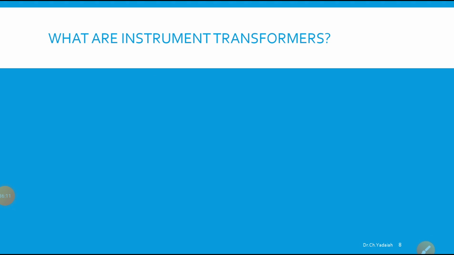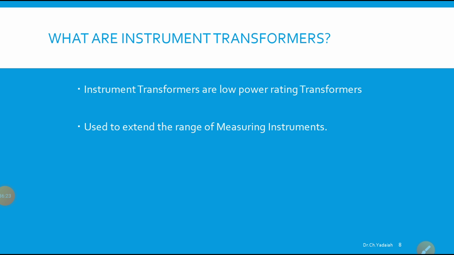what are instrument transformers? Now, we have seen. Instrument transformers are low power rating transformers. It is used to extend the range of measuring instruments, and not only measuring instruments, but the measured value is also given to our protective equipment, the protection circuits, and at the same time it is used to provide isolation from the high voltages.